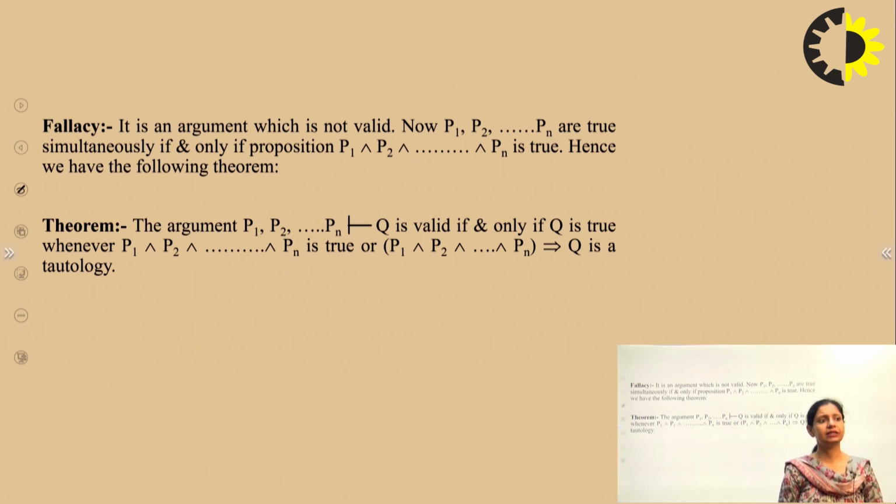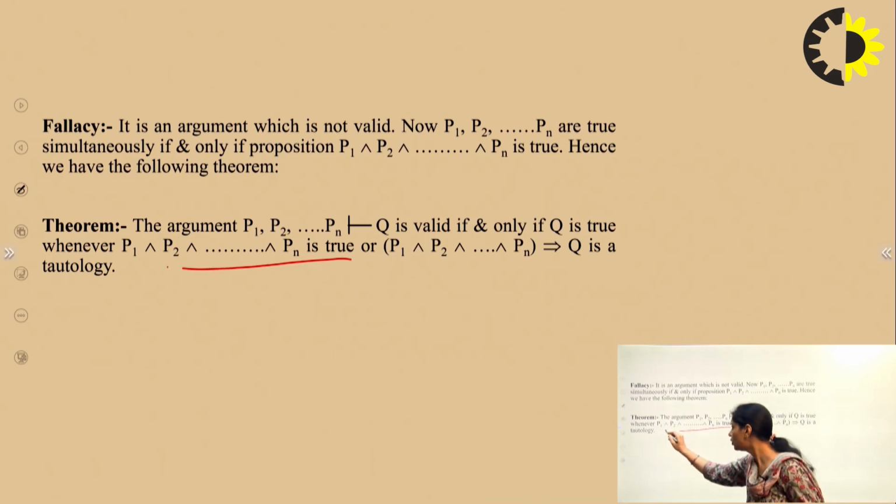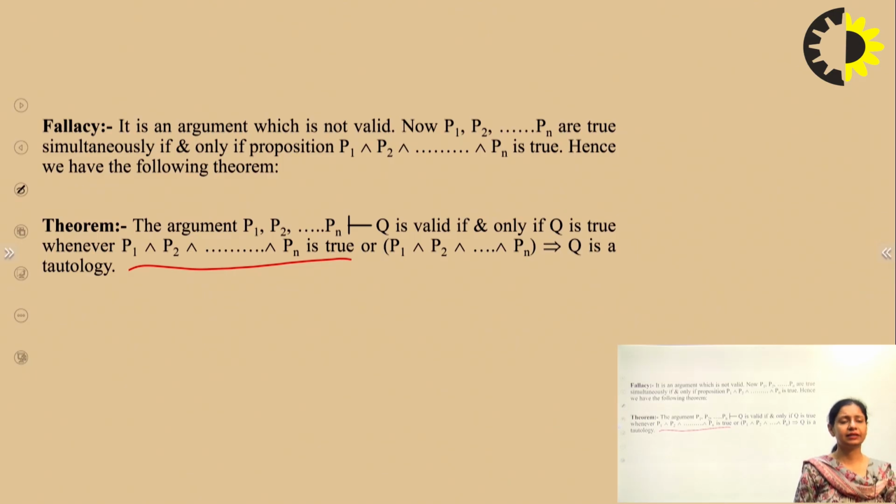Hence, we get a theorem that P1, P2 to Pn are logically connected to Q. This is valid if and only if Q is true whenever the AND operation of all the propositions is true. That is, P1 and P2 till Pn implies Q is a tautology.